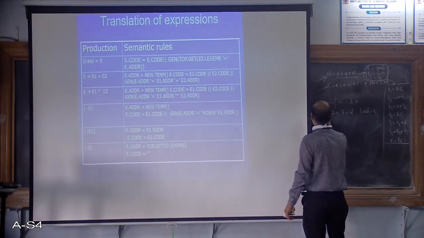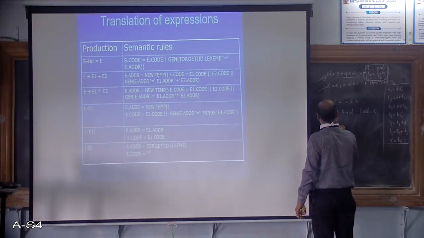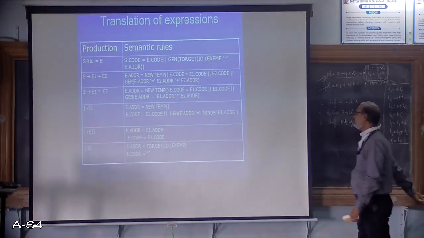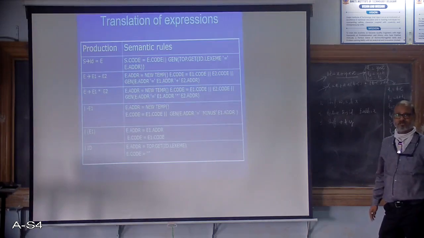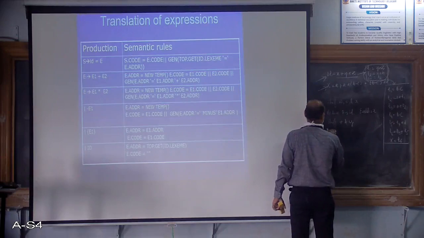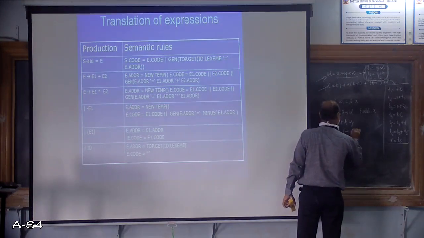Third step, again shift plus and y. Shift plus and y is my next action performed by the LR parser. Then the fourth one, reduce with production E derives ID.